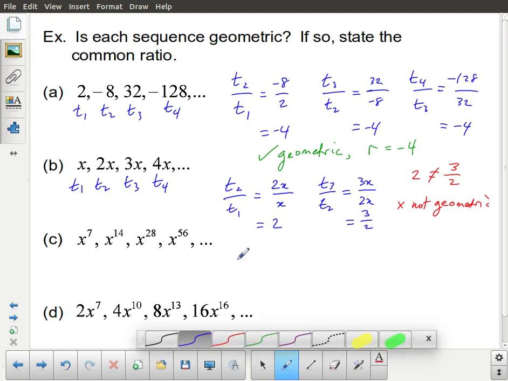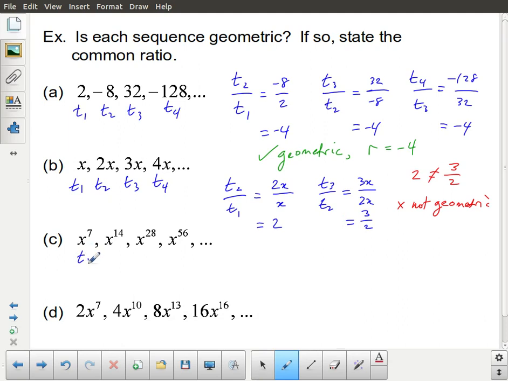Okay, how about this one? T1, T2, T3, T4. So what is T2 over T1? That's x to the 14 divided by x to the 7, which is equal to x to the 7.